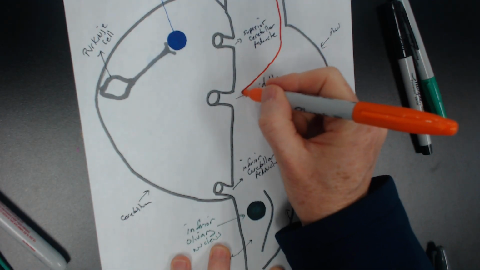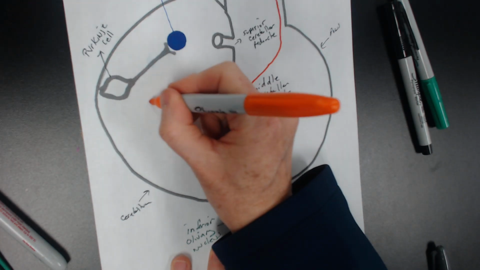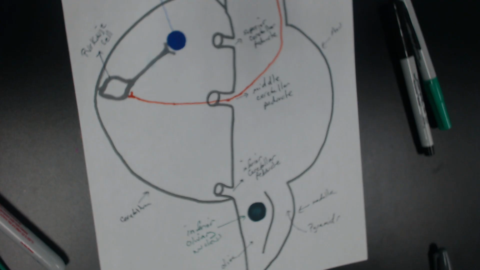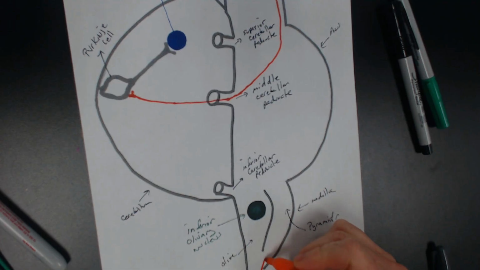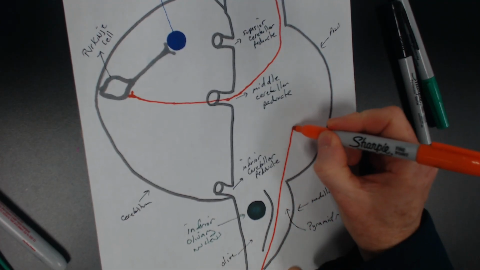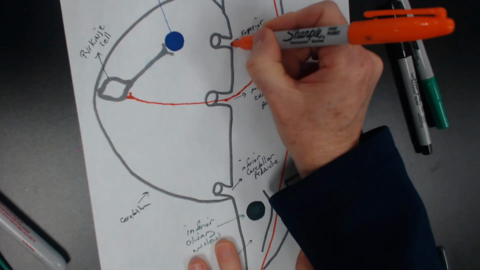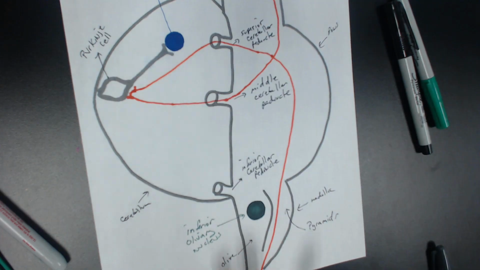It's going to travel through the inferior cerebellar peduncle or the middle cerebellar peduncle and contact the Purkinje cell. Okay. Then we're going to see other axons that come in from the spinal cord, travel all the way up, and enter into the superior cerebellar peduncle and then make contact with the Purkinje cell.